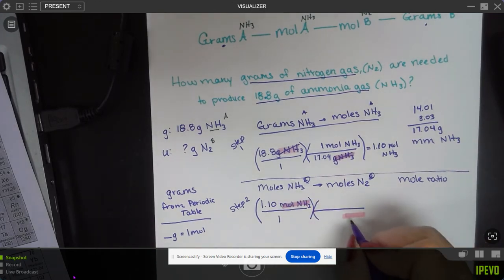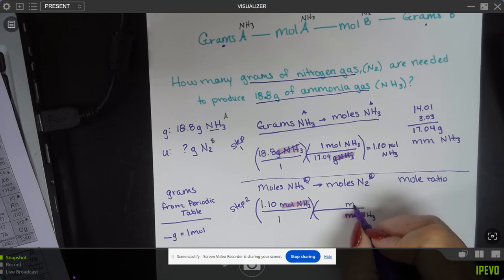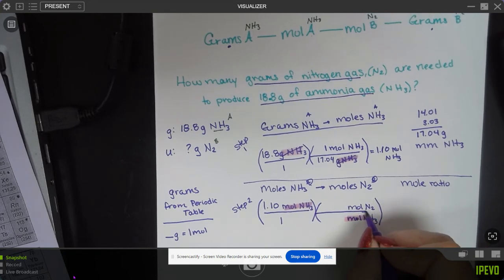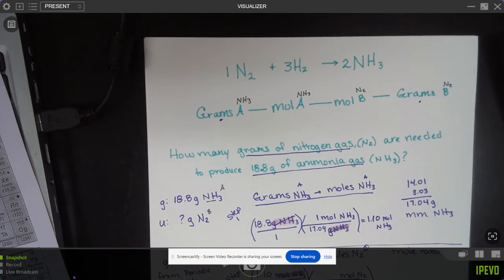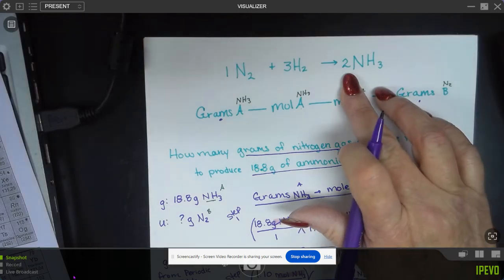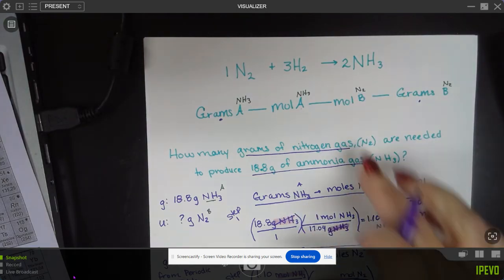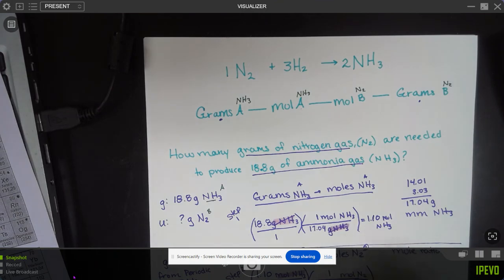So moles of NH3 goes on the bottom, and moles of N2 goes on the top. These numbers come from my balanced chemical equation. Moles of N2 is 1, moles of NH3 is 2.